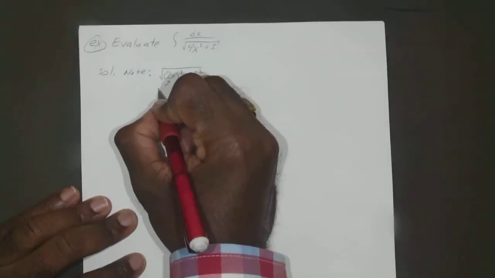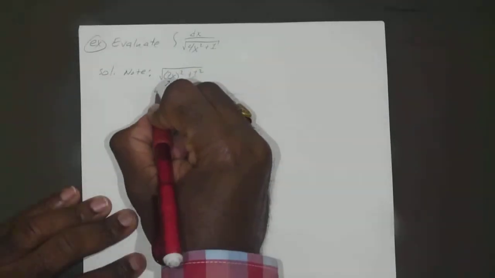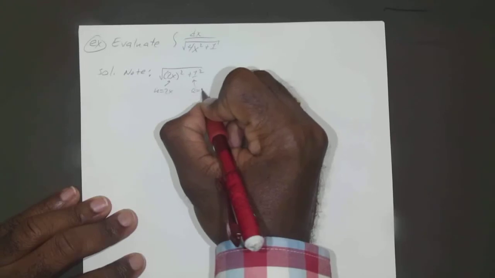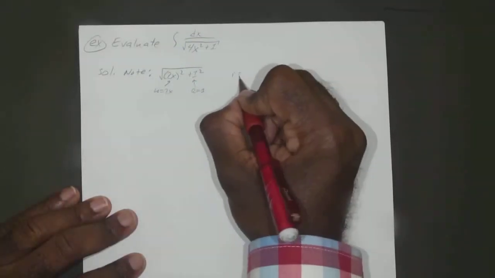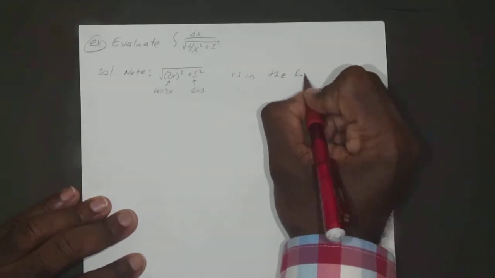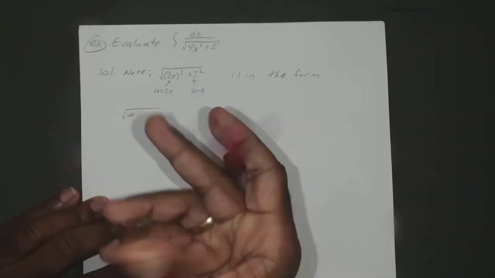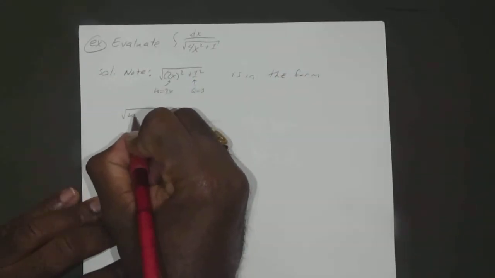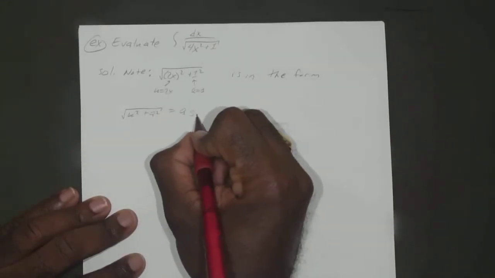In this case, your u is equal to 2x, and your a is equal to 1. It is in the form square root of u squared plus a squared, which equals a secant theta.